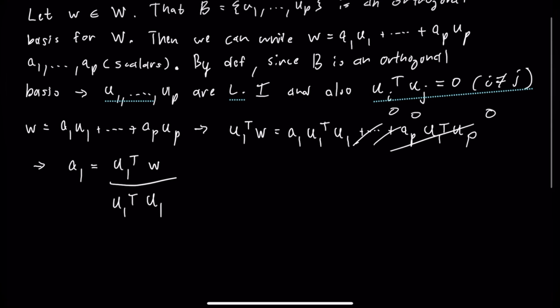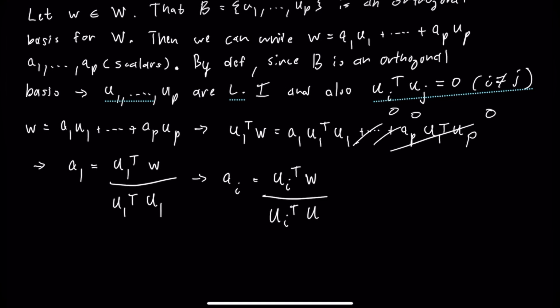And so in general, for each AI, it's going to be UI transpose W over UI transpose UI. We'll be using this result to find the Gram-Schmidt general formula.